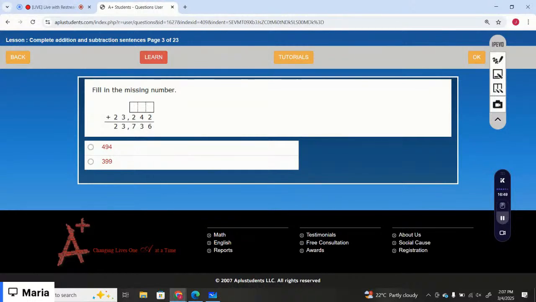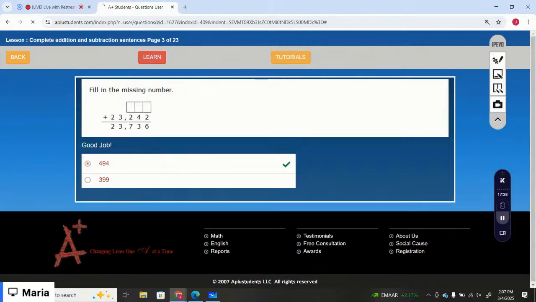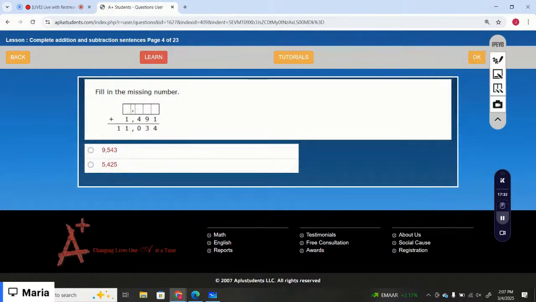Fill in the missing number. That is very good. Option number 1 is the correct option, 494 it is. Okay, fill in the missing number.